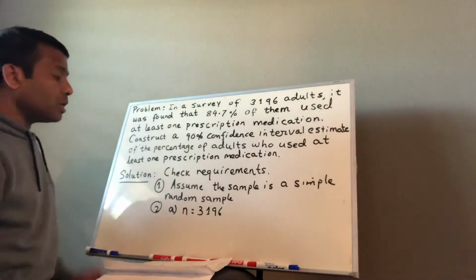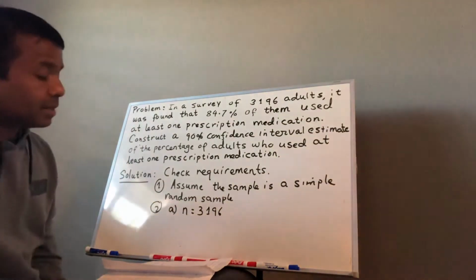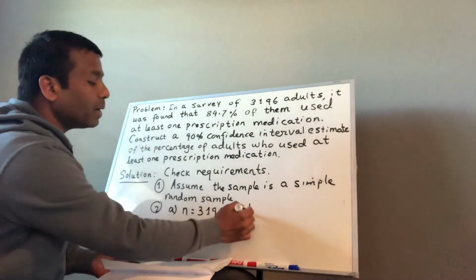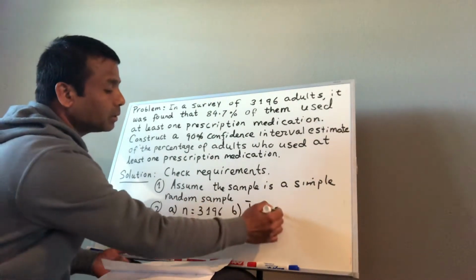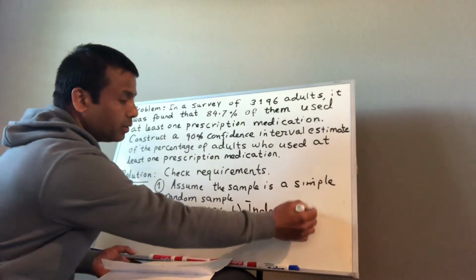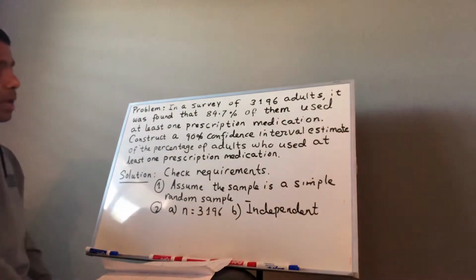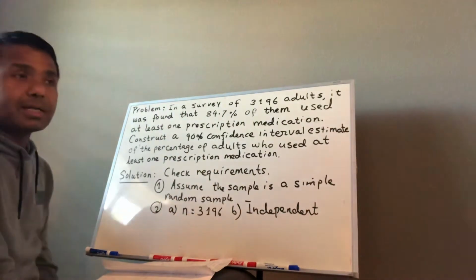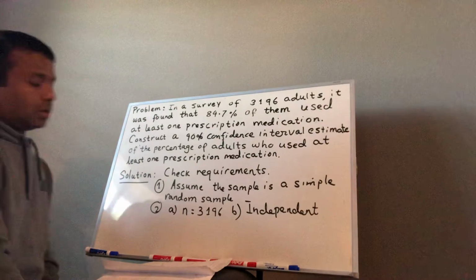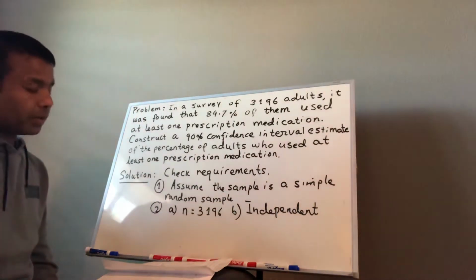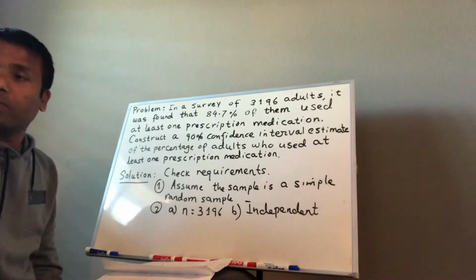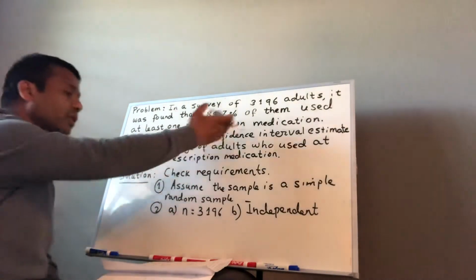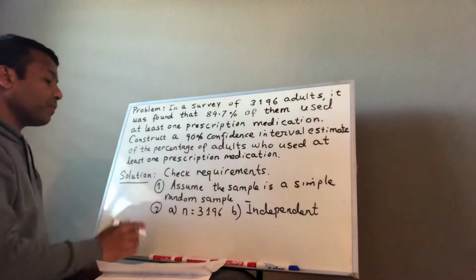So the first condition is satisfied, and the second condition is that the trials should be independent. The response from one person does not affect the probability of the response from another person. So we can claim that the trials are independent.